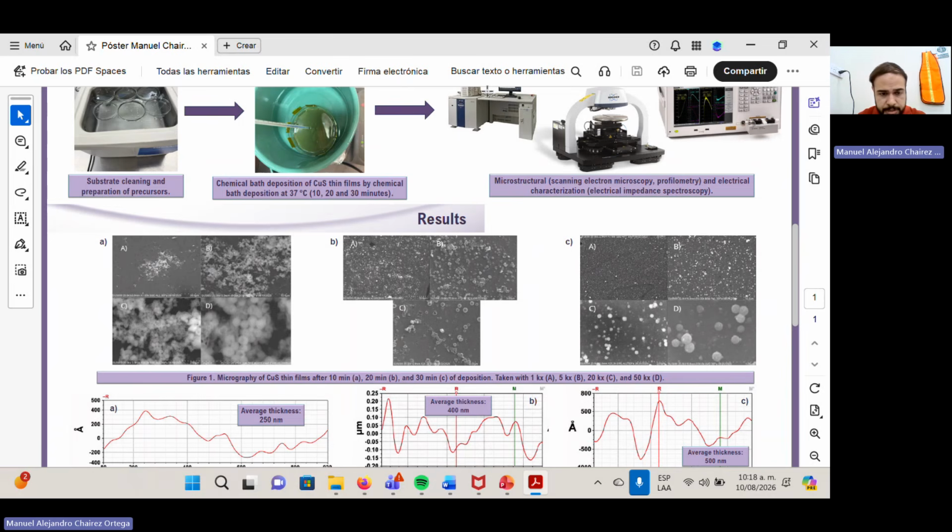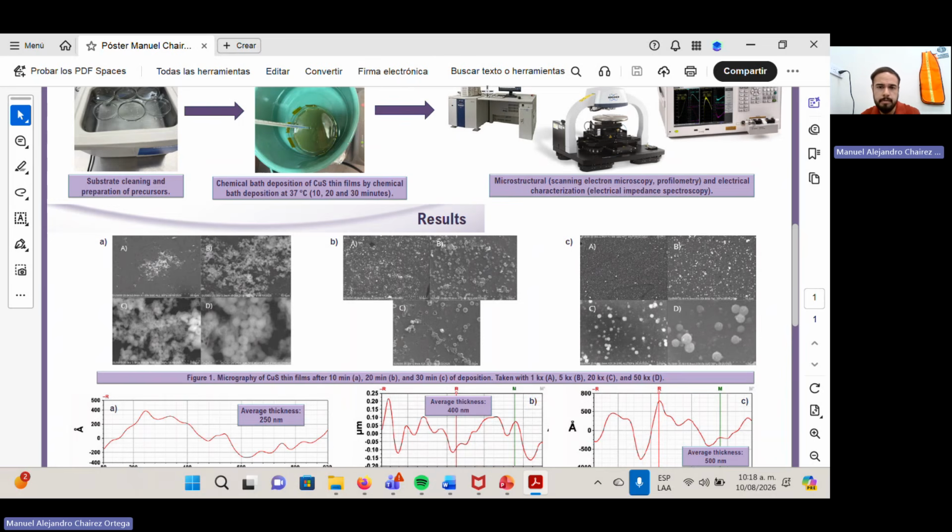Then a more homogeneous deposition was obtained after 20 minutes. And in the last time, 30 minutes, which is the time used for this normal chemical bath deposition method, we obtained a completely homogeneous deposition.